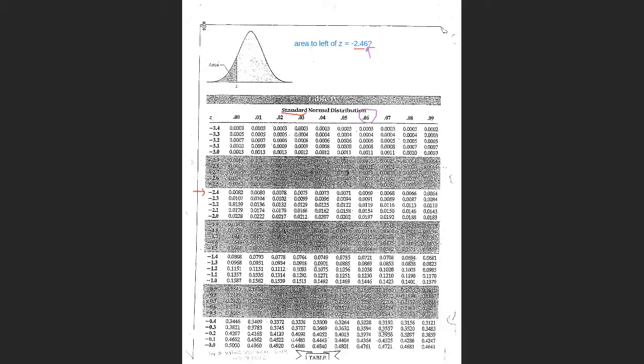I cross-reference the negative 2.4 with the 0.06, that row and that column, and that would be this number right here. So that tells me the area to the left of that z-score is 0.0069.